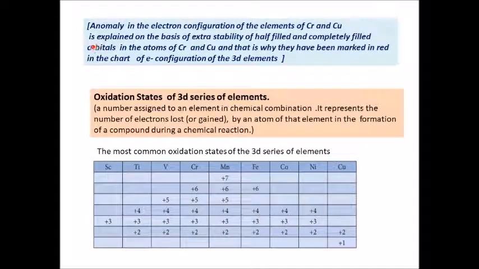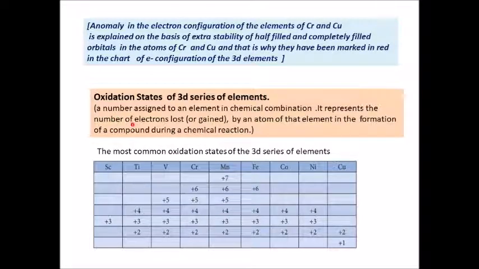Now the anomaly in the electronic configuration is explained already, and that's why we had seen that it was marked in red. The oxidation states of the 3d series of elements are explained like this. First and foremost, recall what is oxidation state. It is a number assigned to an element in chemical combination.